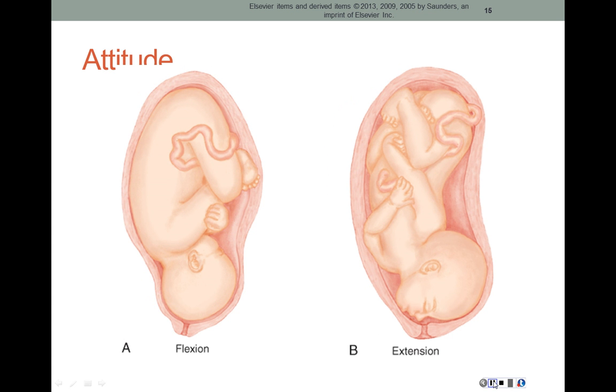Attitude just refers to how baby's head is positioned and how baby is positioned inside the womb. Flexion is when baby is basically curled up still in fetal position with head down. And extension is when baby's head is up and back, and so we have more of a face presentation.